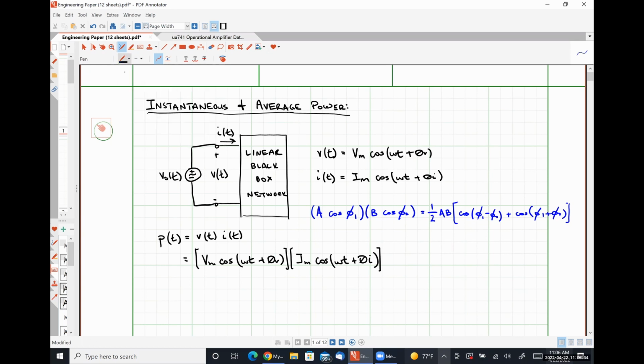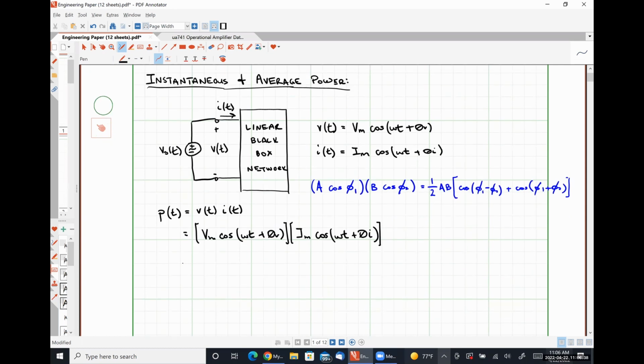So if we apply that trig identity, what we will get is 1/2 Vm Im cosine theta v minus theta I, plus 1/2 Vm Im cosine of twice omega t plus theta v plus theta I. This is the generic form for the instantaneous power absorbed by really any linear circuit component that we could think of, right?